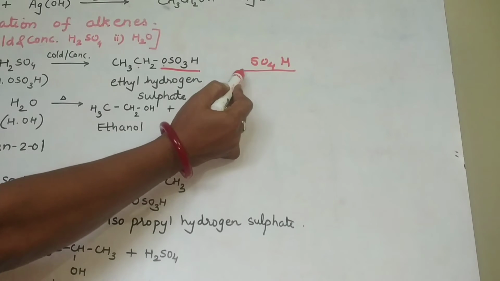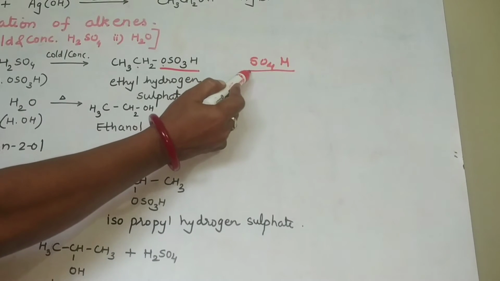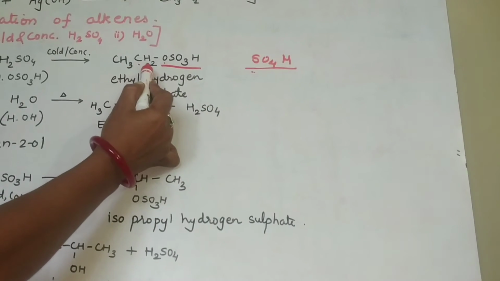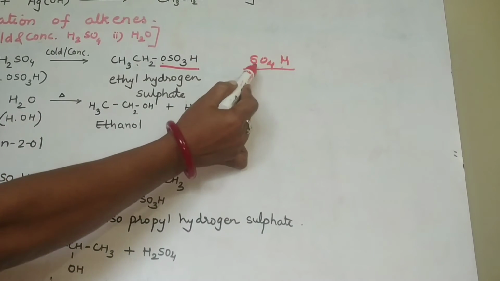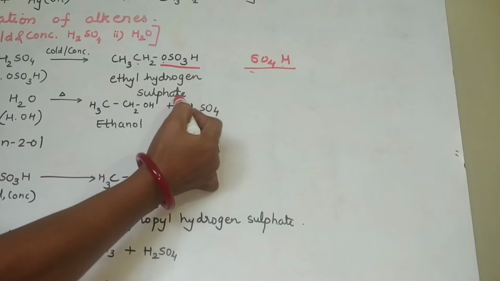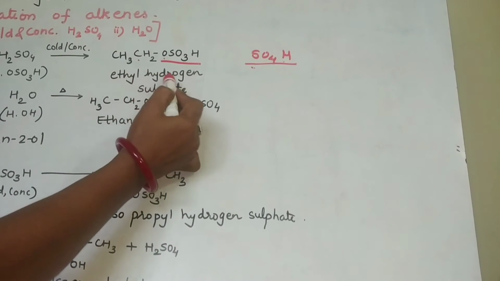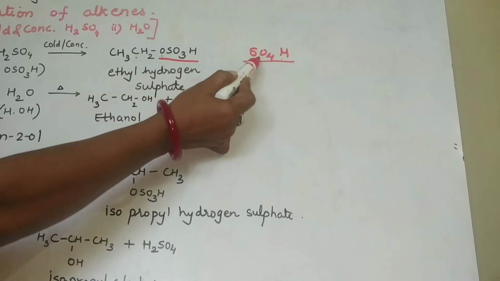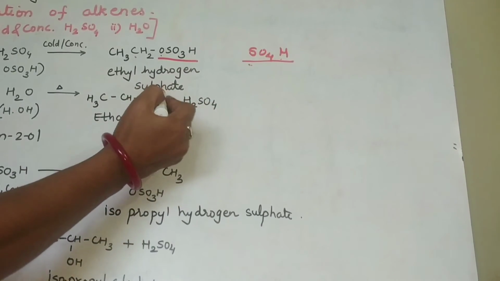But to give the name to the compound, this gives us a hint that the compound can be called ethyl hydrogen sulfate. SO4 is sulfate. So it becomes easy: ethyl hydrogen sulfate is formed. Ethyl, hydrogen, and SO4 is the sulfate group. This is the intermediate.